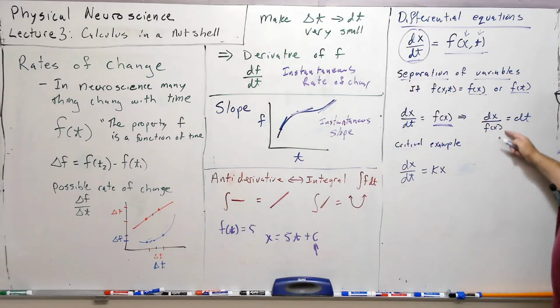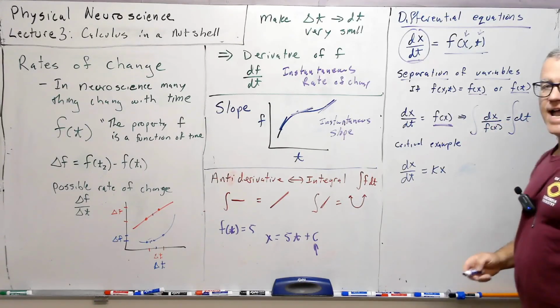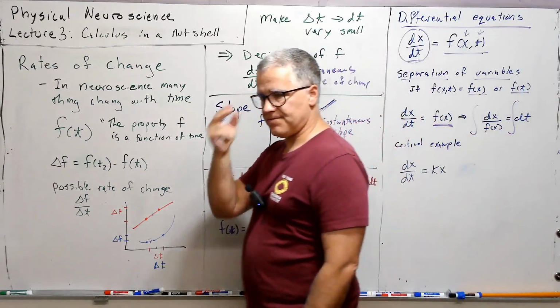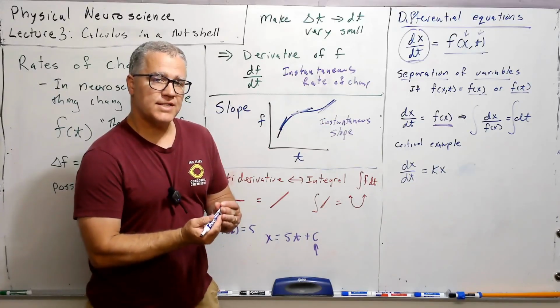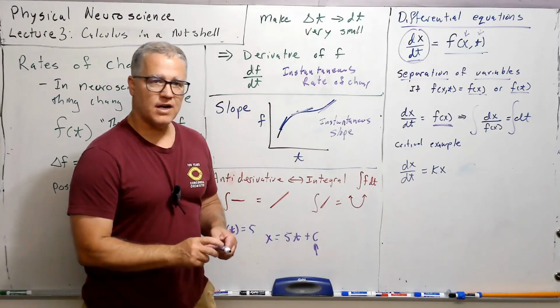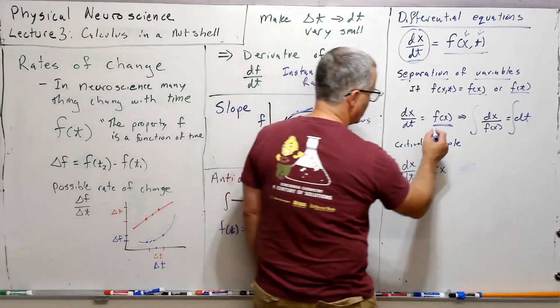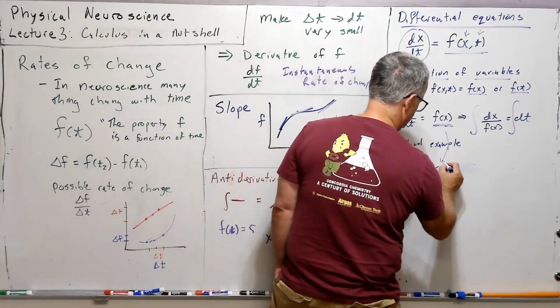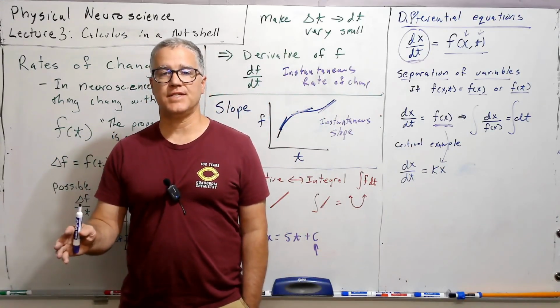And then this only depends on x, and this only depends on t. And so then we can take the integral, or the antiderivative of both sides. Okay? And so let's see an example of this worked out. And this is going to be a very critical example. This is an example when f is just x itself times some constant, k, let's say.